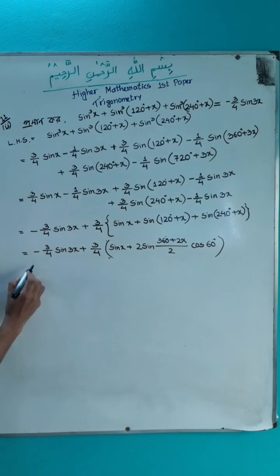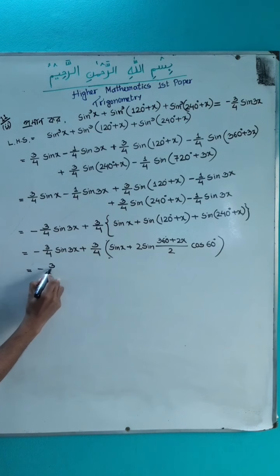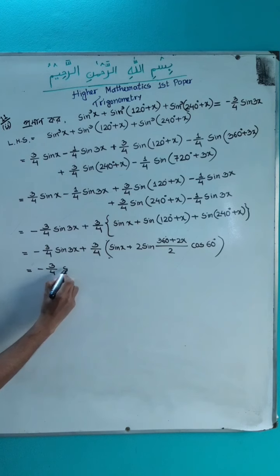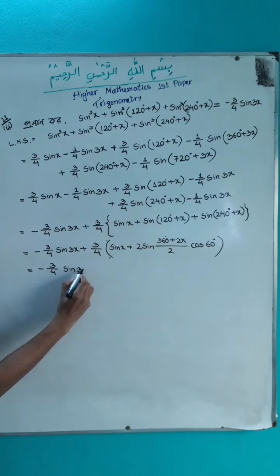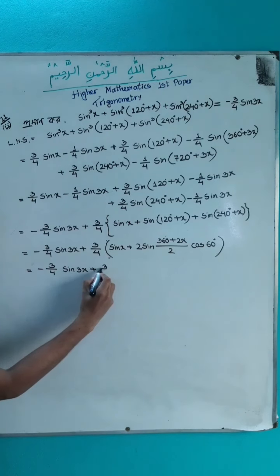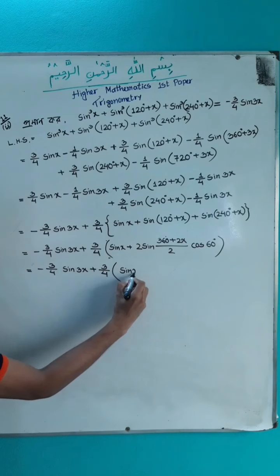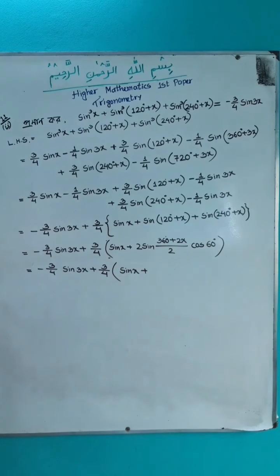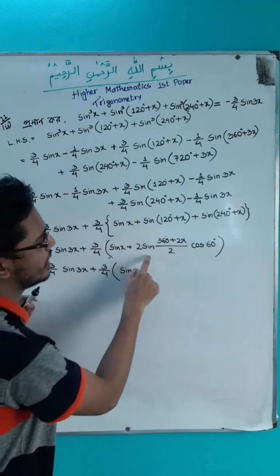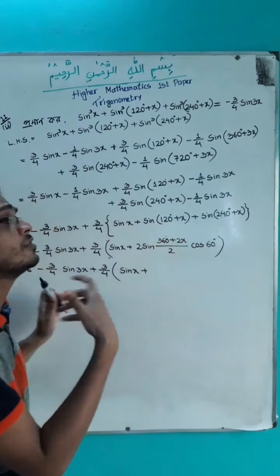Okay. Minus 3 by 4 sin 3x plus 3 by 4 sin x. So what will we get? Sin 360 plus 2x divide 2.